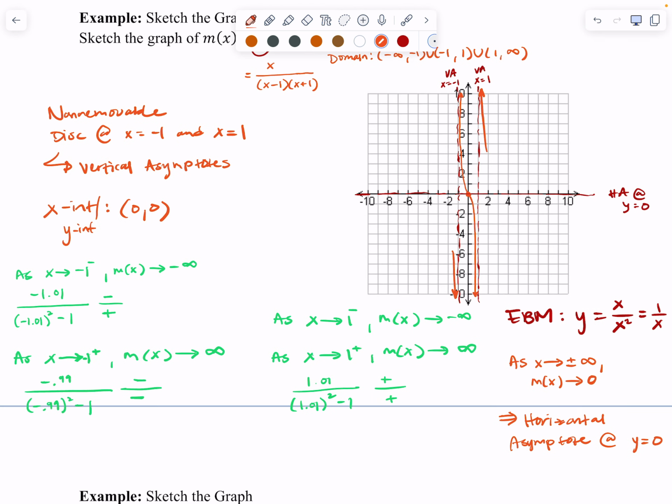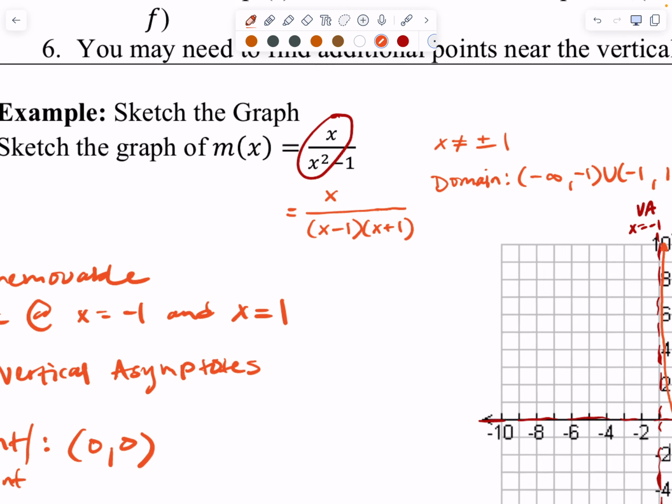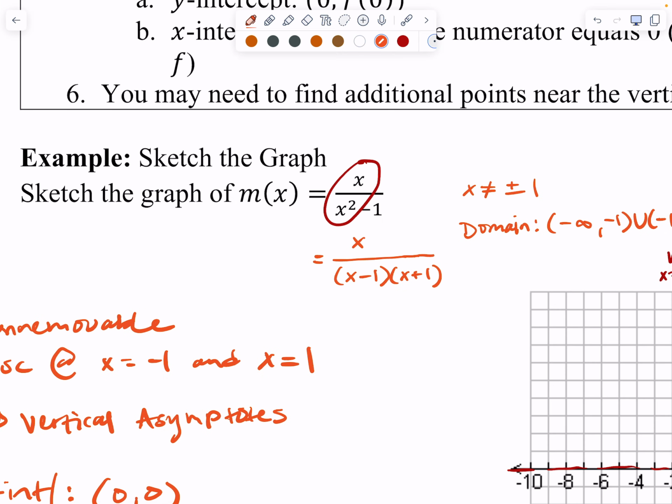Now we could also check where the graph would cross the horizontal asymptote. This one's kind of an easy one that we could just do like a mental check. Like if we set m of x equal to 0, what's the only solution? 0. And don't we already know that point?